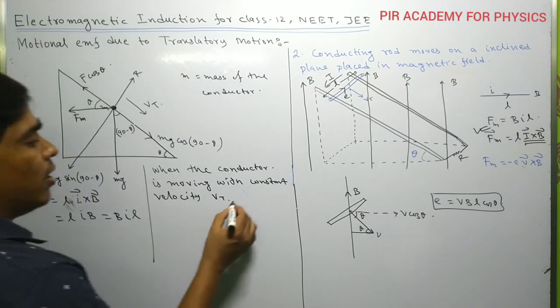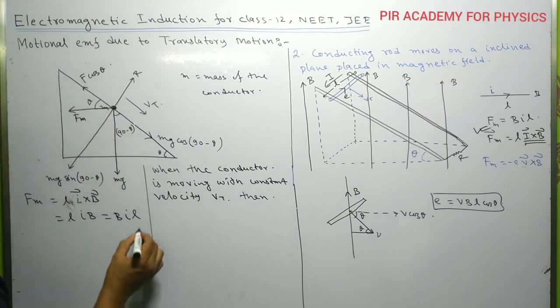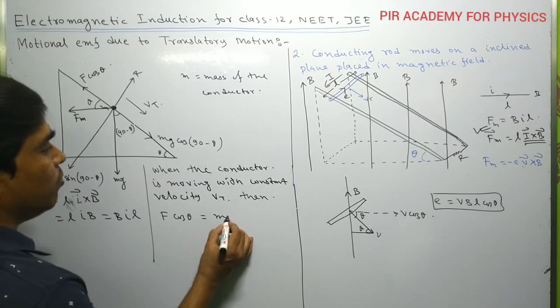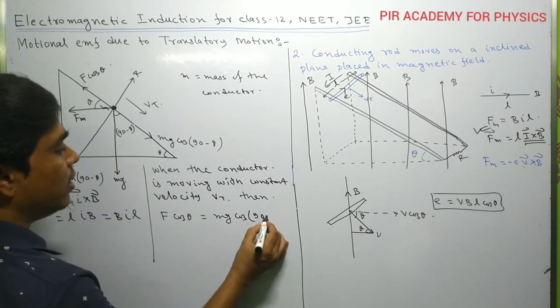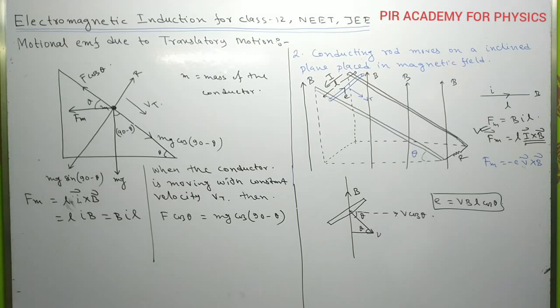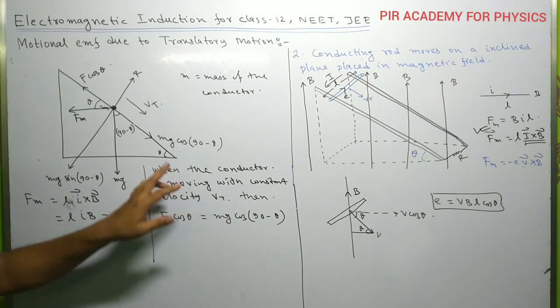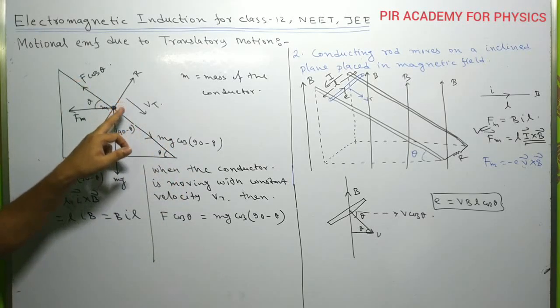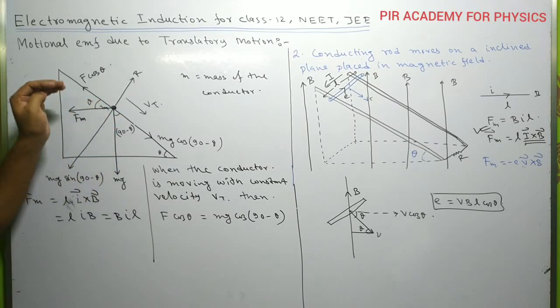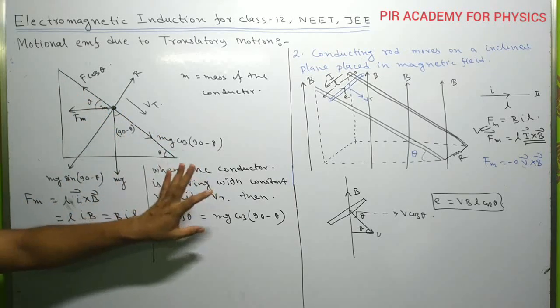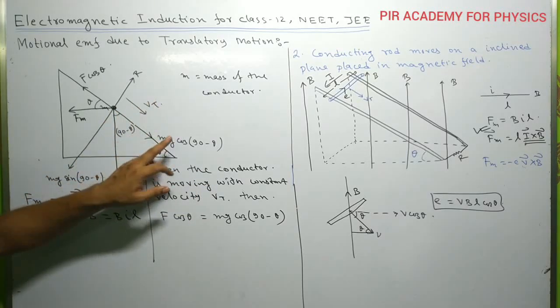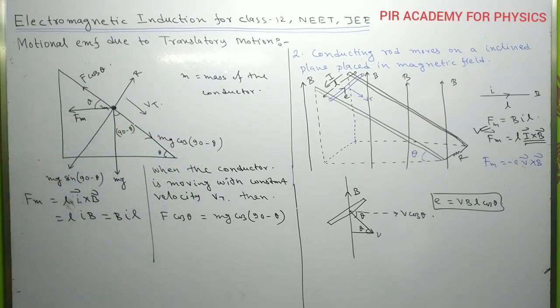V t, then F cos theta must equal mg cos of 90 degrees minus theta. This is the minimum value. If these forces are equal, then this conductor is falling without any acceleration. So if the velocity is constant, that means these forces must be equal.